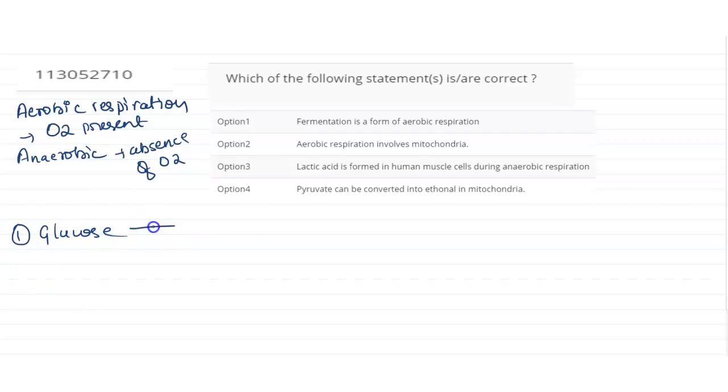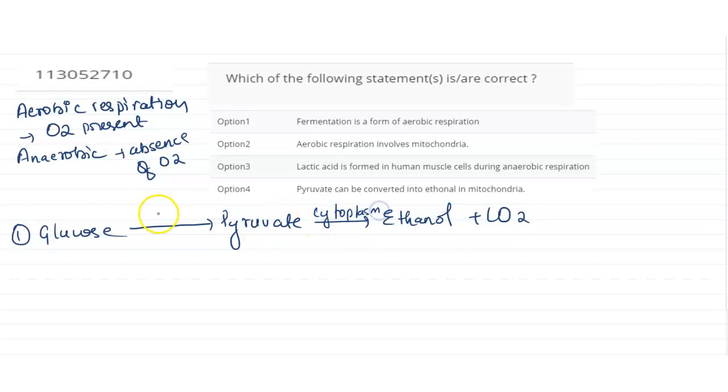Glucose breaks down into pyruvate, okay? Then pyruvate breaks down into ethanol plus CO2. This process occurs in cytoplasm and this process also occurs in cytoplasm.